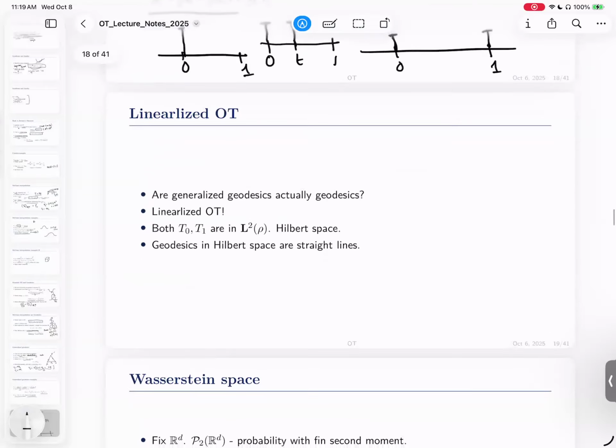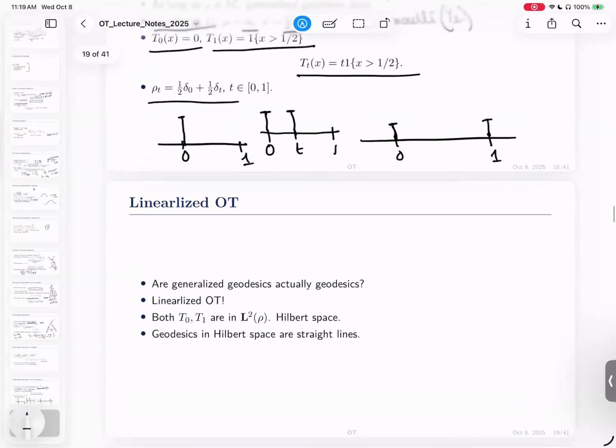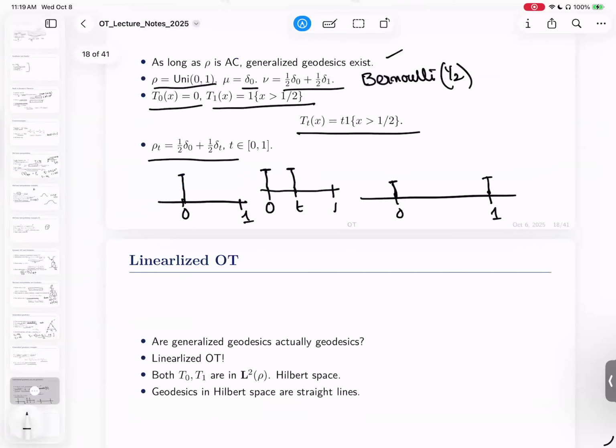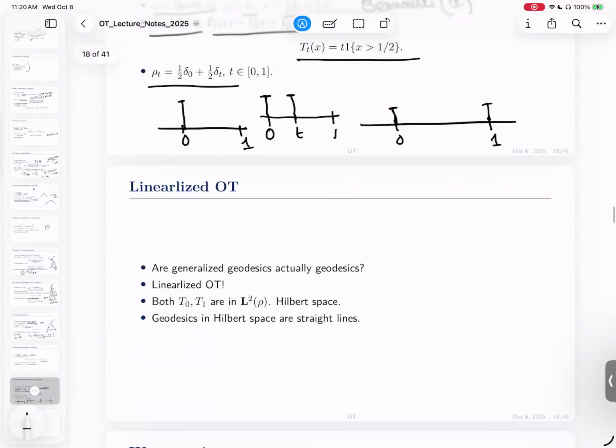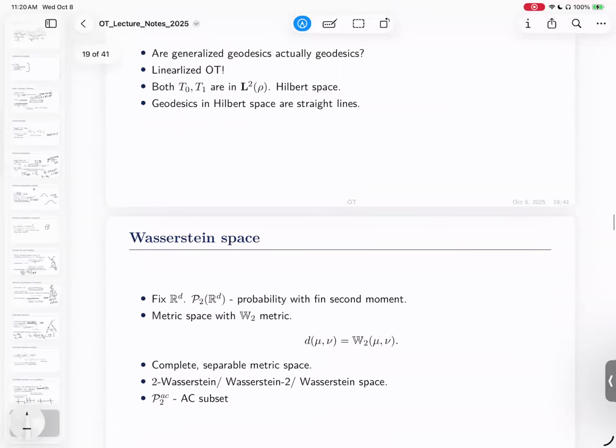So in what sense are generalized geodesics also geodesics? It has to do with what is called linearized optimal transport. Now, this is a concept again which has become popular due to some applications in machine learning, which we cannot get into. But if you search online, you'll get several recent papers that do linearized optimal transport. So what is linearized optimal transport here?